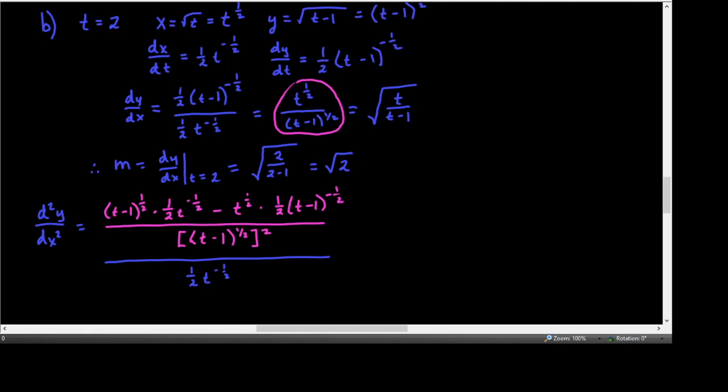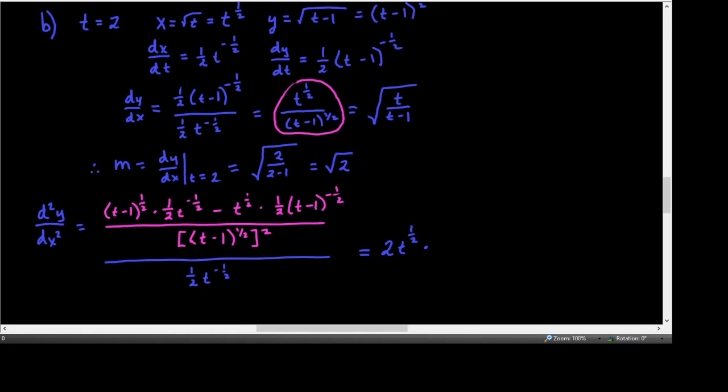That division by 1/2 t to the negative 1/2 is the same thing as multiplying by its reciprocal, and its reciprocal would be 2 t to the positive 1/2, times that answer over there.